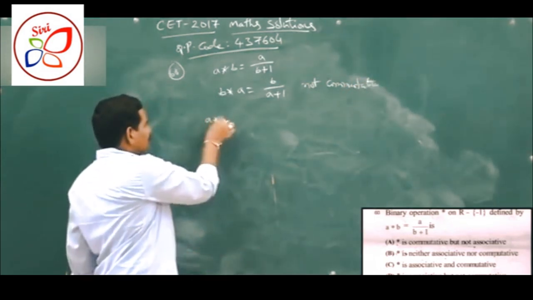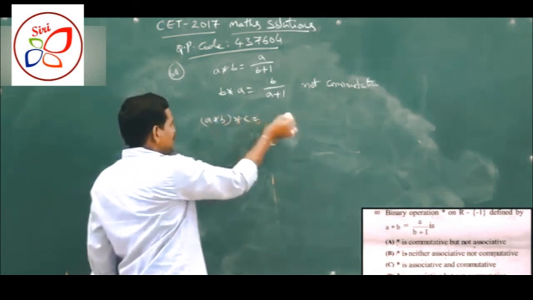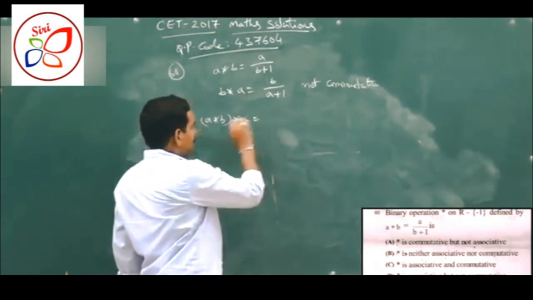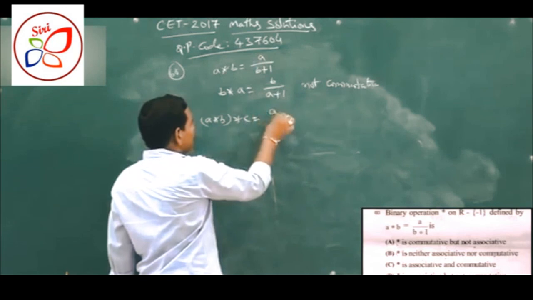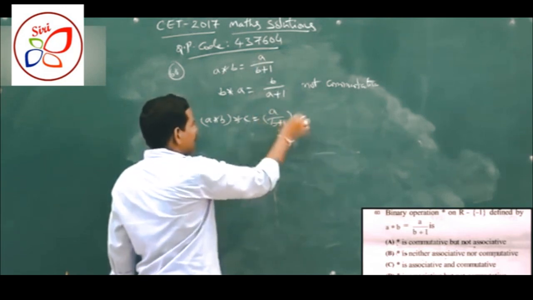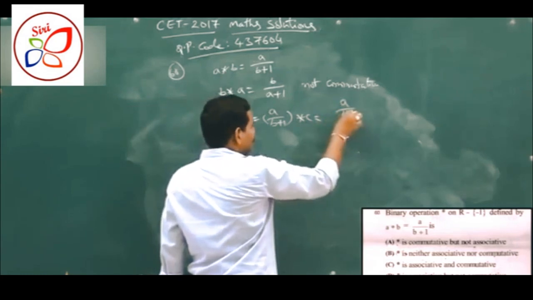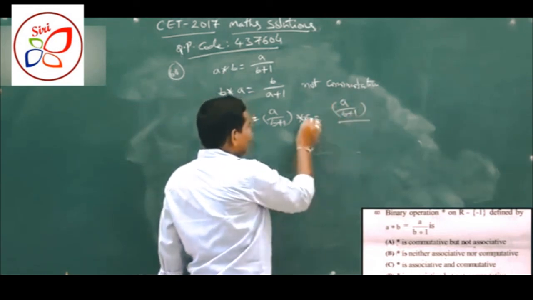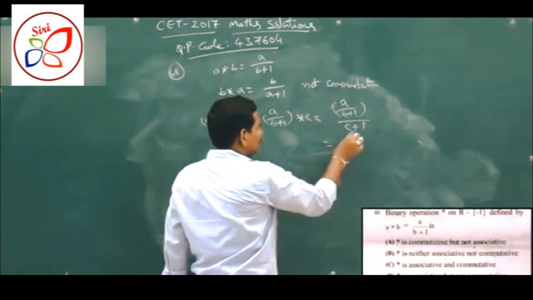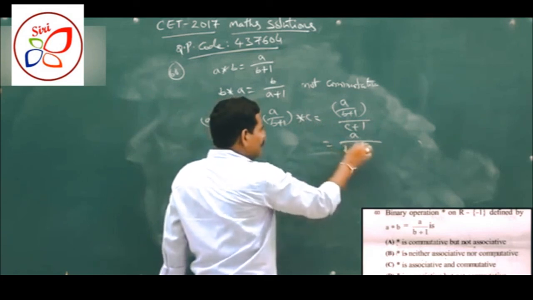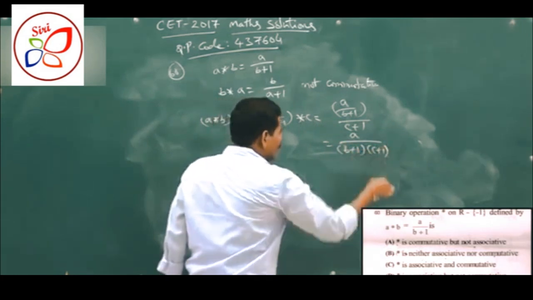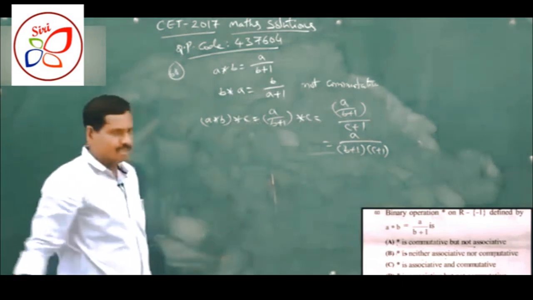What about (a star b) star c? To verify associativity, this means (a by b plus 1) star c, first element divided by second plus 1, nothing but a divided by (b plus 1) into (c plus 1). This is (a star b) star c.